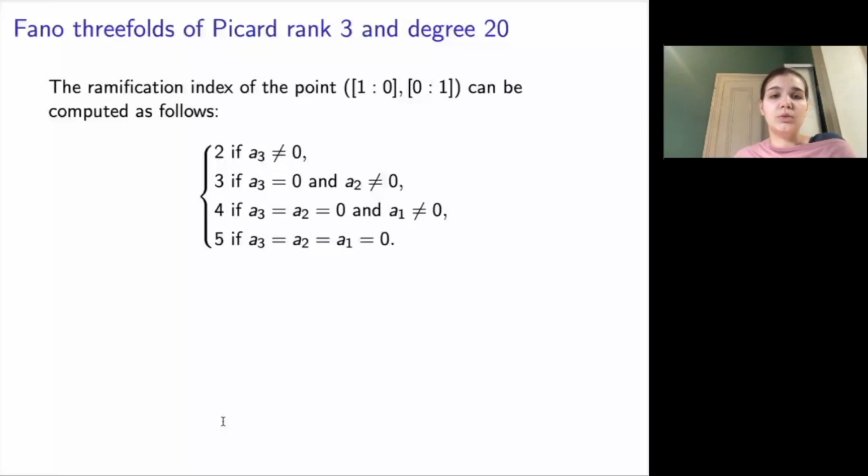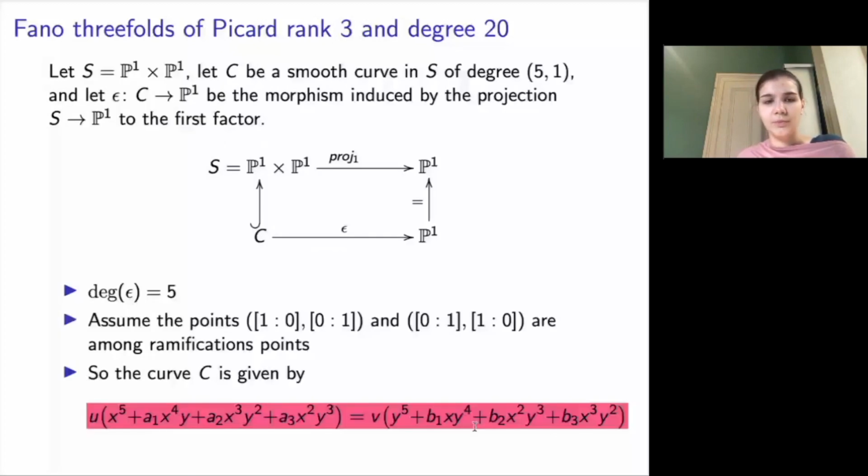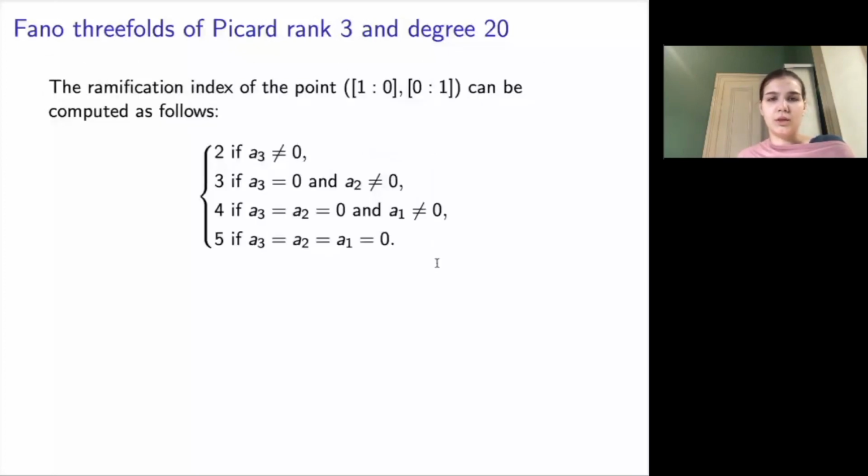It can be 2, 3, 4, or 5, depending on coefficients A and B. Remember that the coefficients A and B were given here. We have here A1, A2, A3, and B1, B2, B3. So depending on the A coefficients, we get ramification indexes 2, 3, 4, or 5.